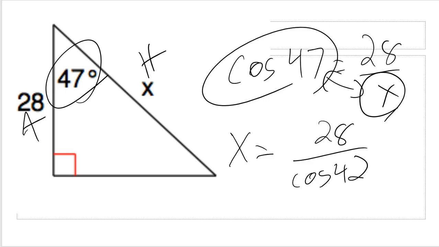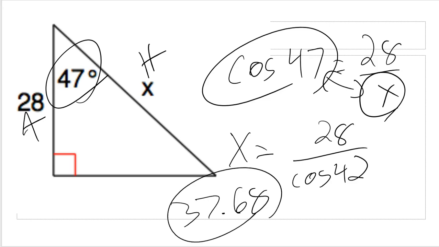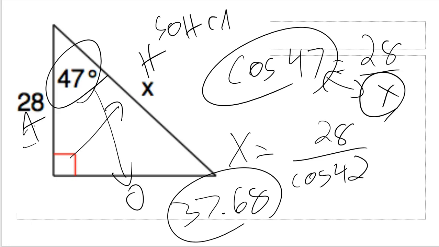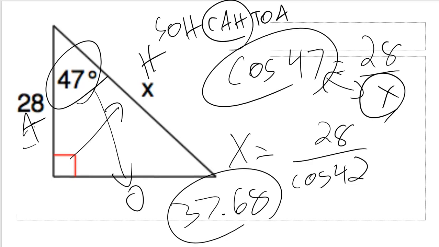So take 28 divided by cosine of 42, and get 37.68. Remember, guys, I know this is the hypotenuse because it's across from the right angle. This is my opposite side because it's literally opposite this angle, and that leaves adjacent. I also know it's cosine because I have A and H right there.